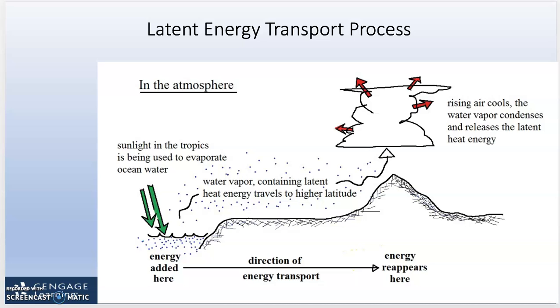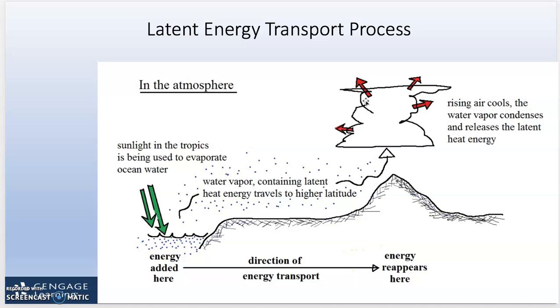All in all, the latent energy transport process acts to bring in sunlight, energize the water to water vapor with an enormous amount of energy. That water vapor rises and cools and starts to release its thermal energy until it meets the point where it can form condensation, and then it releases its latent energy.